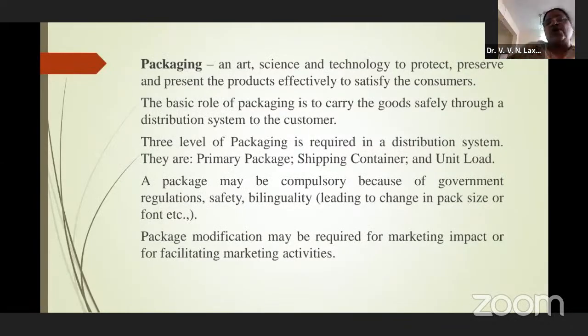Now let's come to the next concept, packaging. As you all know, packaging is the outer cover of the product. The outer cover that gives recognition, shape, and an identification to the product on the first end. On the second end, this packaging talks about how the product is distributed and what precautions have to be taken while distributing.